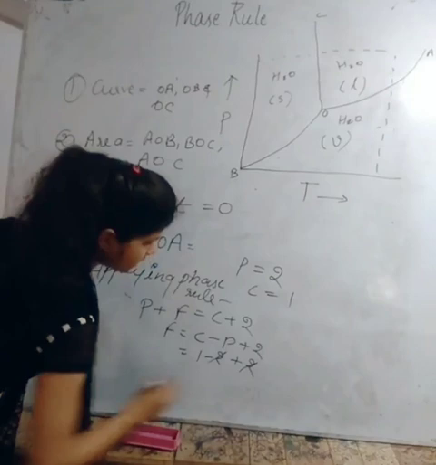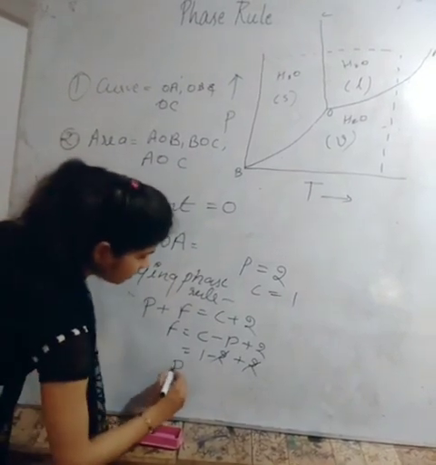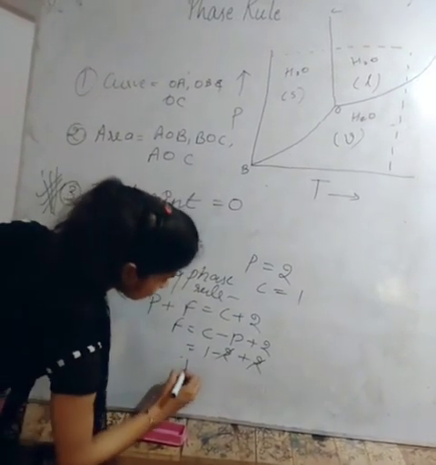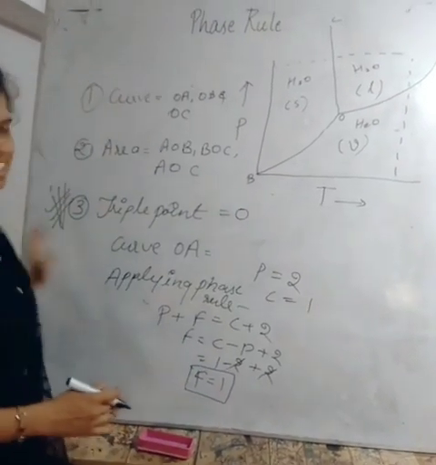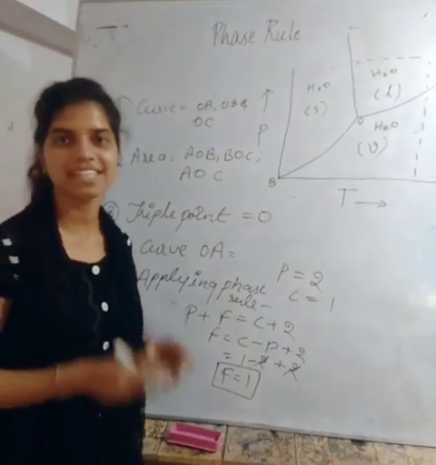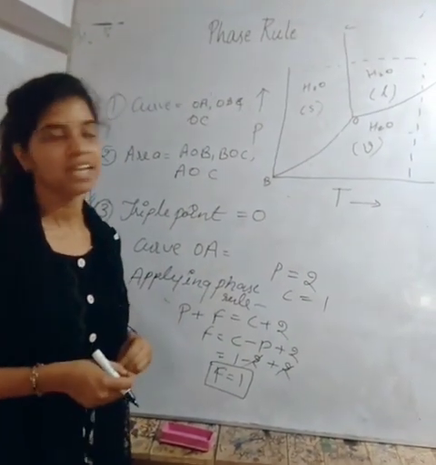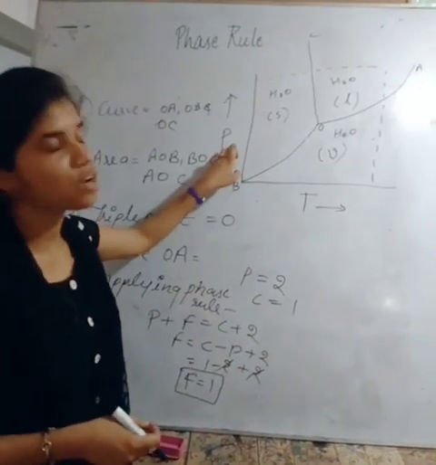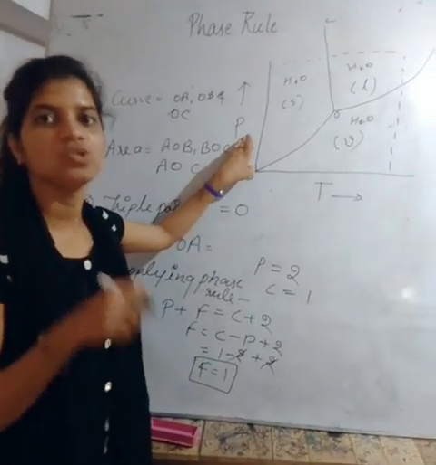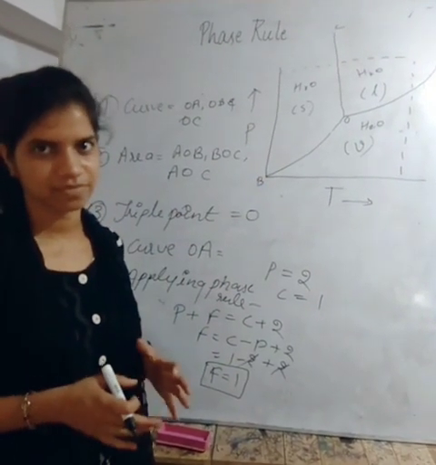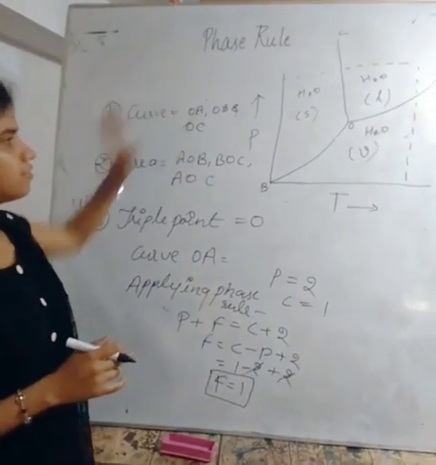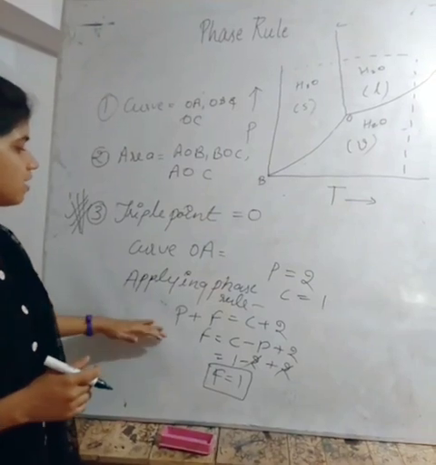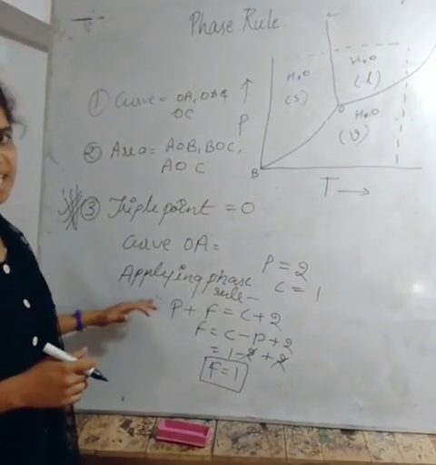So this and this will cancel out, and F becomes equal to 1. So here the degree of freedom is 1. It means that the system is univariate. It means that among temperature and pressure, one of the factors creates an effect to change from one state to another state. Got it? So this is about the OA curve and how to calculate the number of degrees of freedom by applying the phase rule.